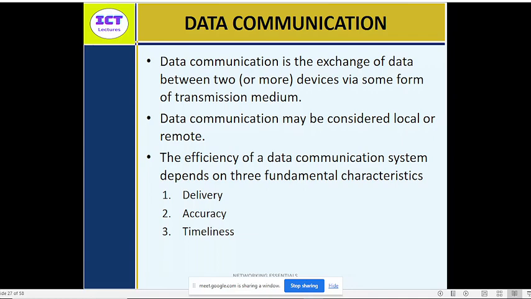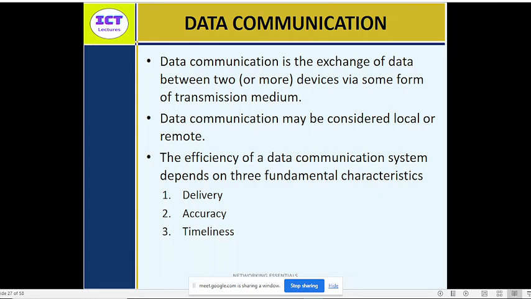When you are composing an email and you click on send, it needs to be very, very fast. And delivery is enhanced when you have the right protocols. We are going to talk about the various protocols that assist in data delivery, right? Because when you're transmitting data across the network, you need reliable protocols that will guarantee that the data that moves from point A actually reaches point B.